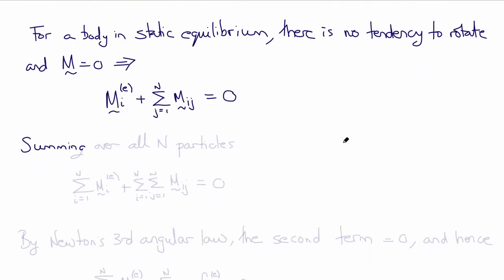And summing this over all n particles in the system gives us the sum from i equals 1 to n of Mi external plus the sum from i equals 1 to n and the sum from j equals 1 to n of Mij.